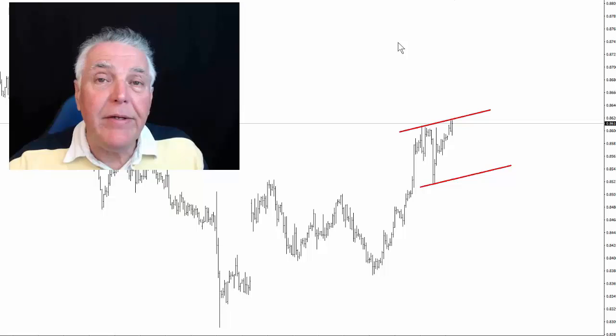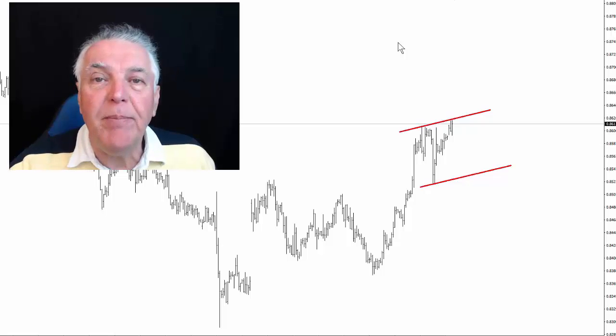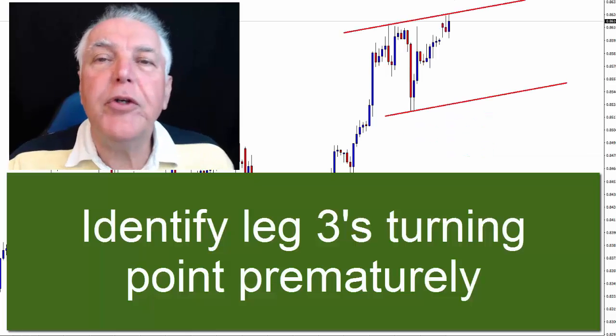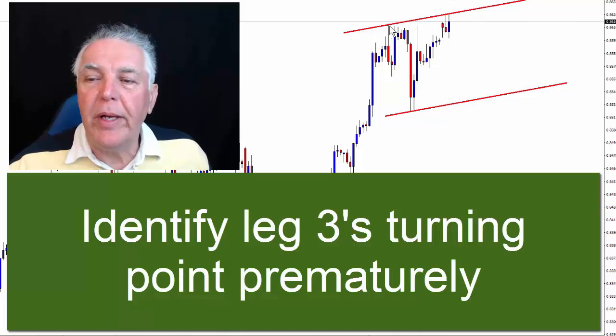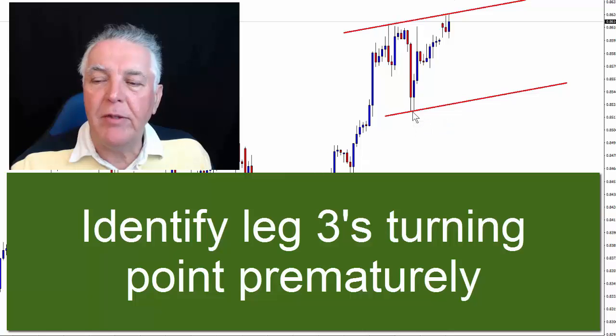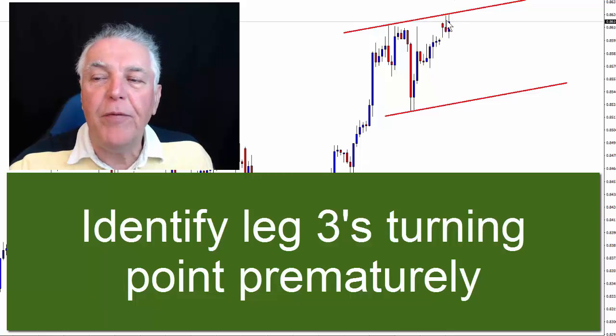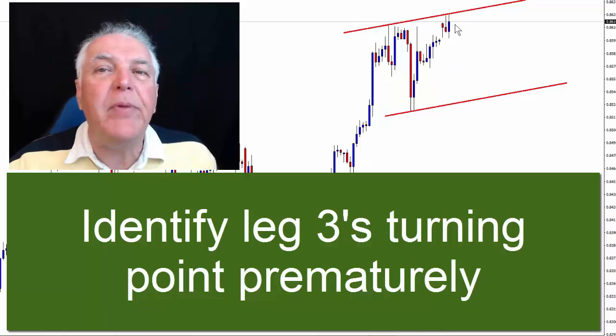The next bad habit or error that channel traders often make is to identify leg 3's turning point prematurely. On your screen you can see an example of this where there's been a bounce number 1, a bounce number 2, and currently it looks like there's a bounce number 3, but so far the rejection hasn't happened.